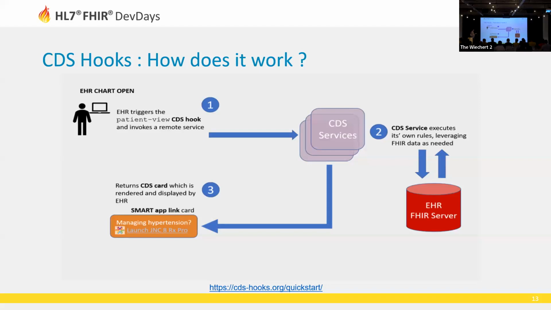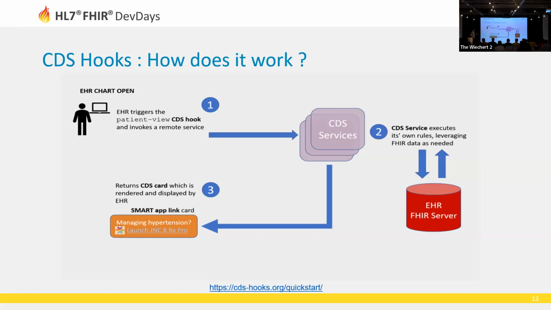There is the client, which can be an EHR, can be another app, can be many things, but this is the system that will get triggered by the event and then send a request to the service to get information based on this particular hook or event.